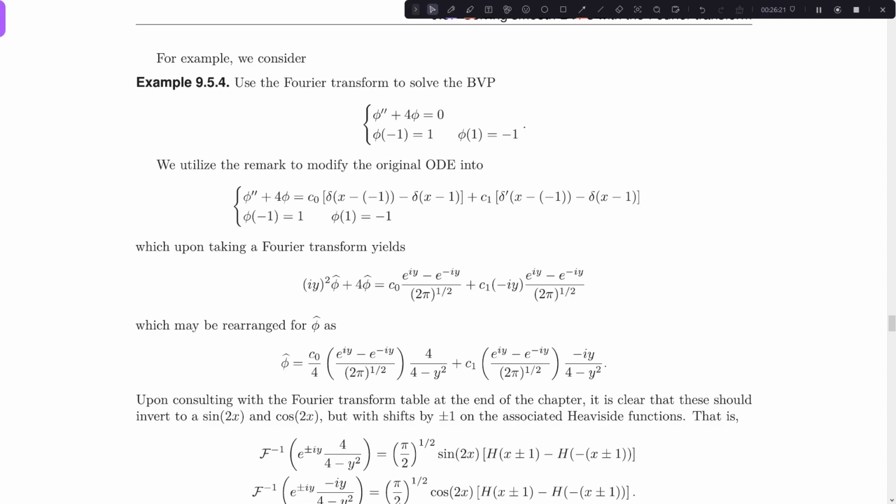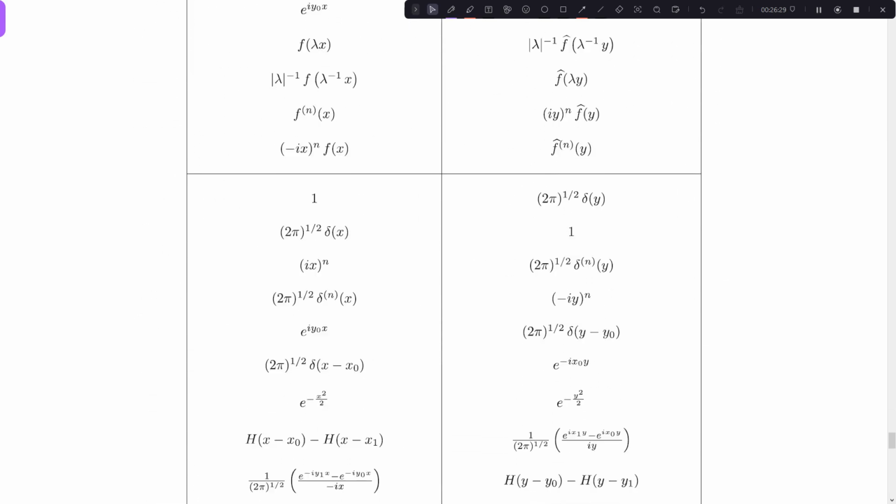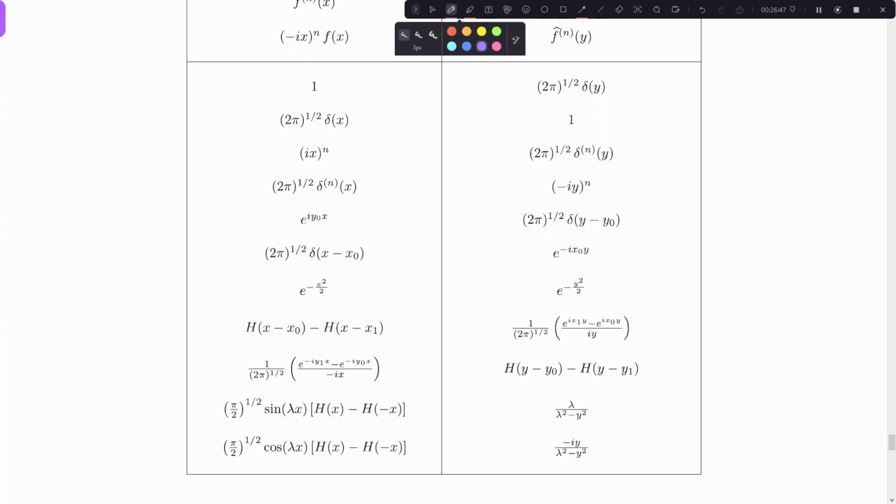Now it's not that easy to be able to tell what the inverse transform should be, but if I jump down to my table, we look at this one right here. So if I have something like lambda over lambda squared minus y squared, which in our case we had 4 over 4 minus y squared.